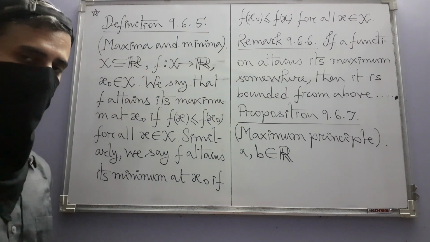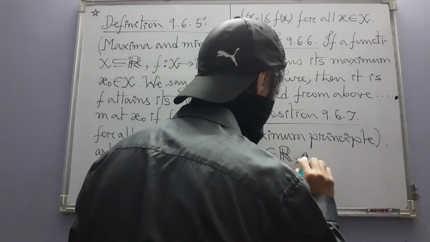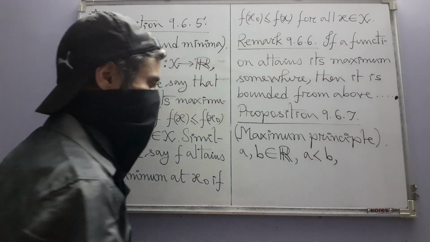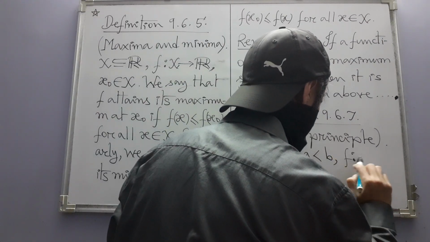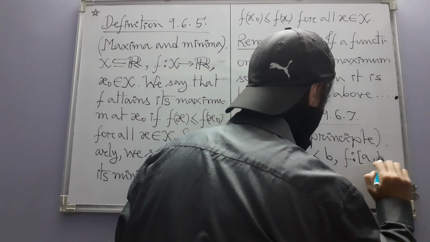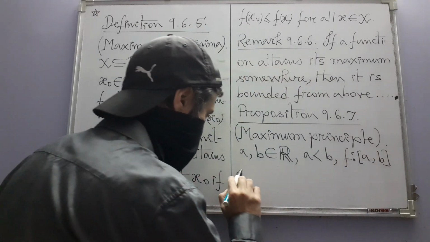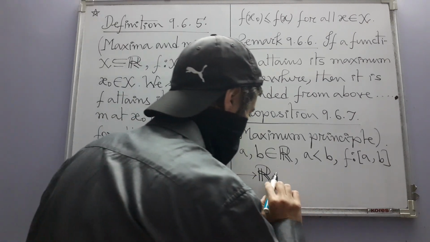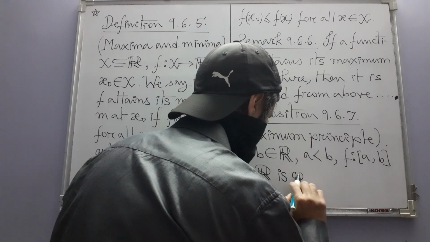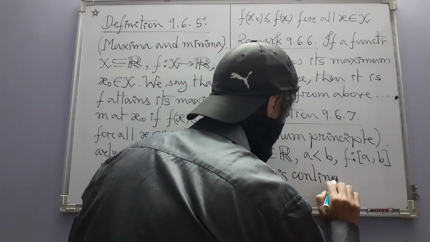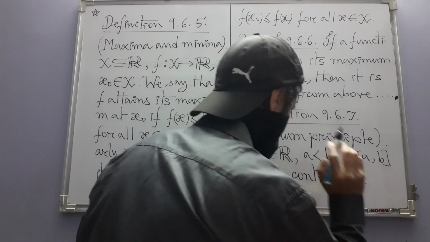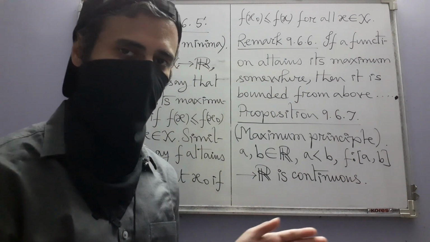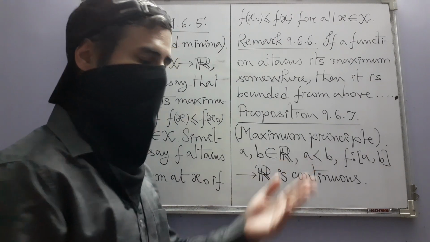You have two real numbers a and b where a is less than b, and say you have a function from the closed interval a comma b into R that is continuous. So this was also the setup for our previous result where we claimed that f is bounded.